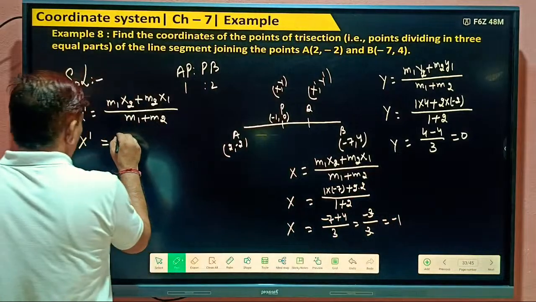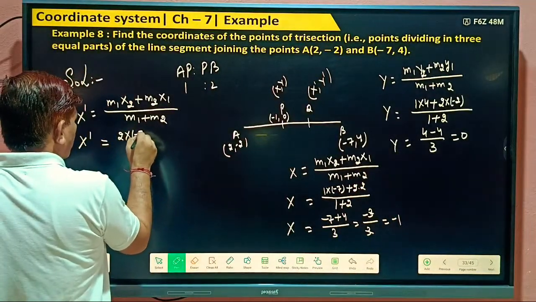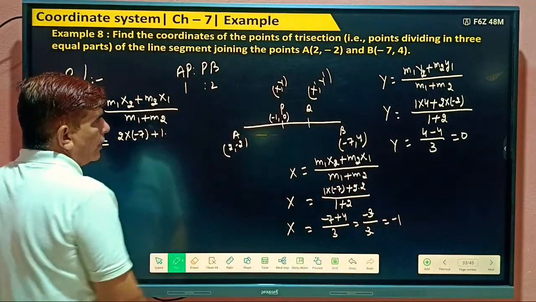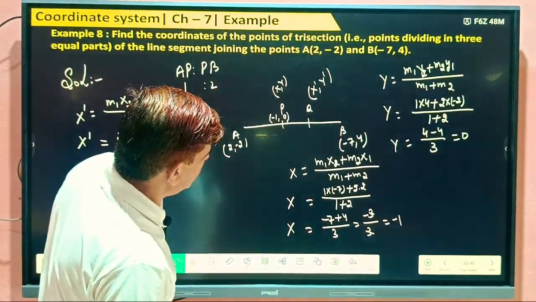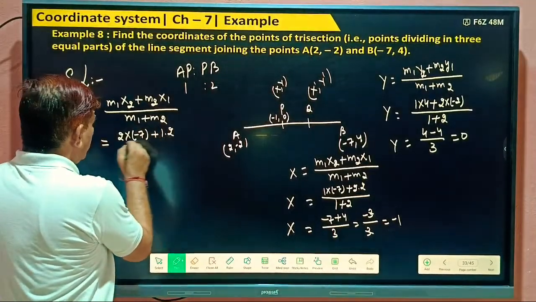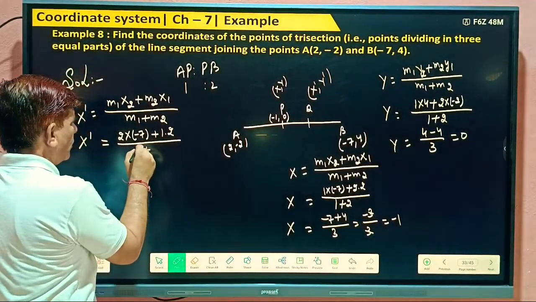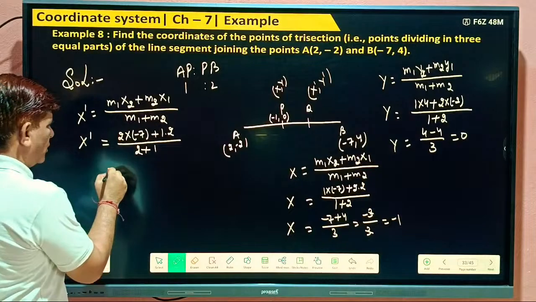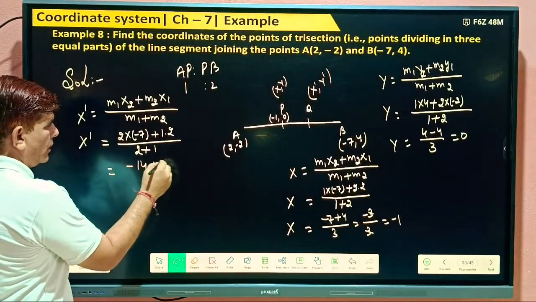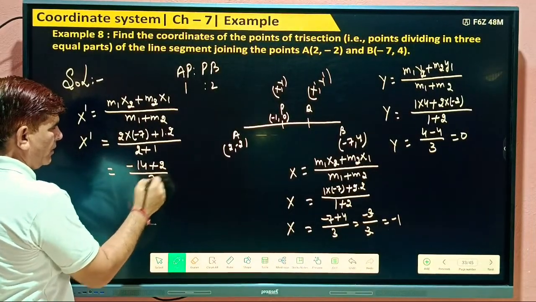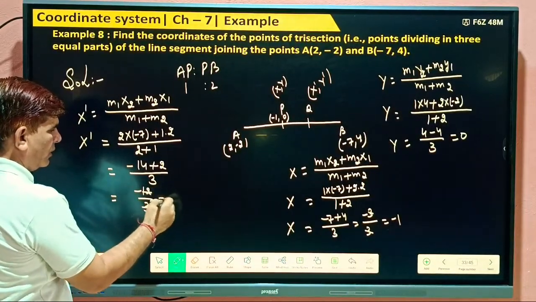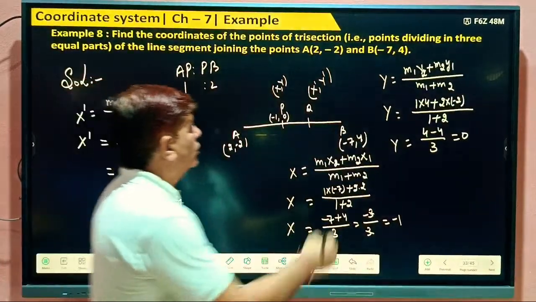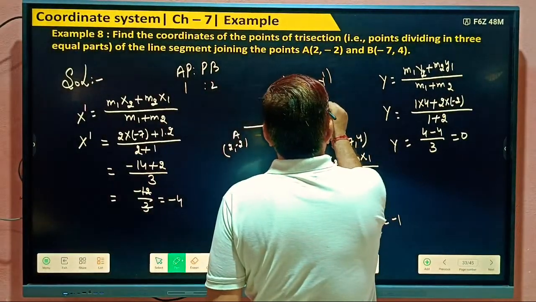So 2 into -7 plus 1 into 2, by the same 1 plus 2. So how much? -14 plus 2 by 3. So -12 by 3, which is -4. So the value of its x coordinate is -4.